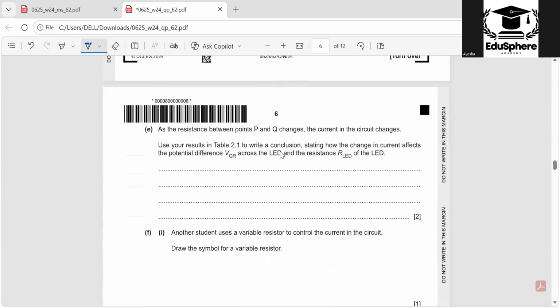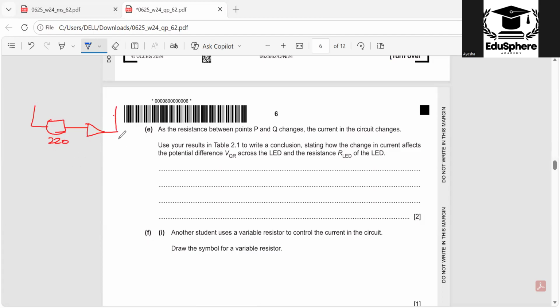Next, as the resistance between the points P and Q changes, the current in the circuit changes. Use your results in the table to write the conclusion, stating how the change in current affects the potential difference across the LED. The previous resistance was 220, and then there is an LED here.